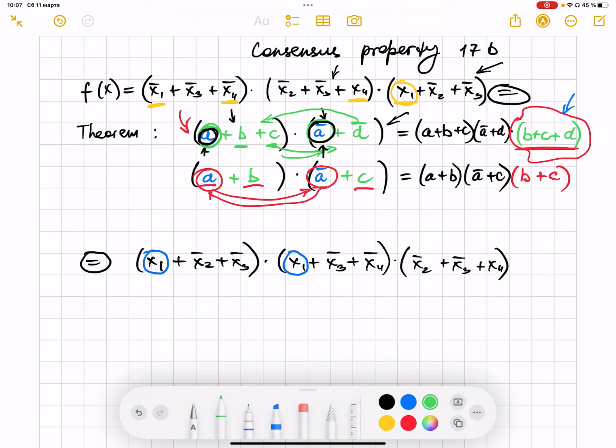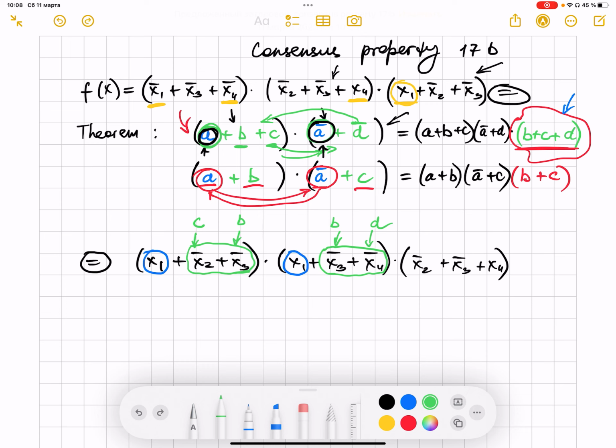And the other elements are those which don't have their negation in another expression. For example, x3: there's x3 bar, there's no x3. It's okay. If it's b, this is also b, it's okay. If it's c, there's no c bar, that's okay. There's x4 bar, let's say it's d, and there's x4 as d bar, so that's okay.